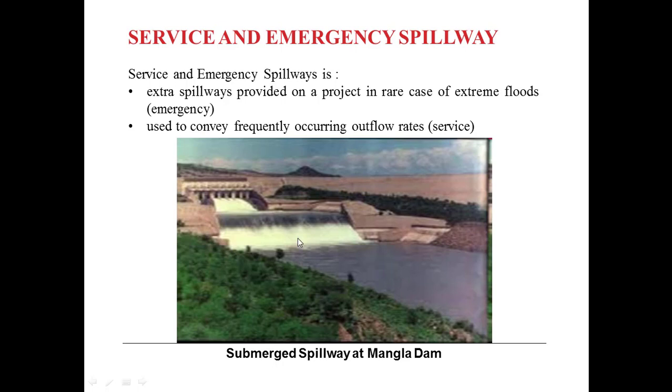So spillways constructed to pass extreme flood water, or constructed as an extra spillway to provide a way for the flood water, are known as service and emergency spillways. Also, they are used frequently to remove the outflow rates.